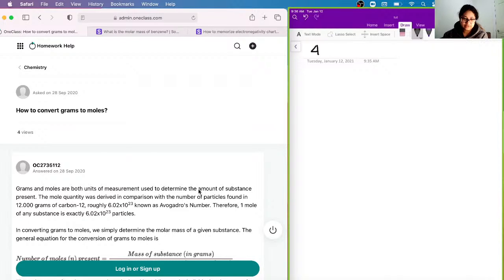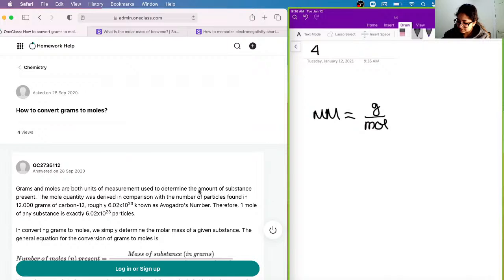In converting grams to moles, we simply determine the molar mass of a given substance. We know that the molar mass is grams per mole.